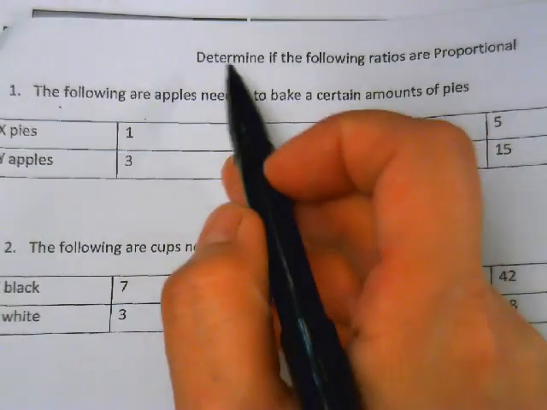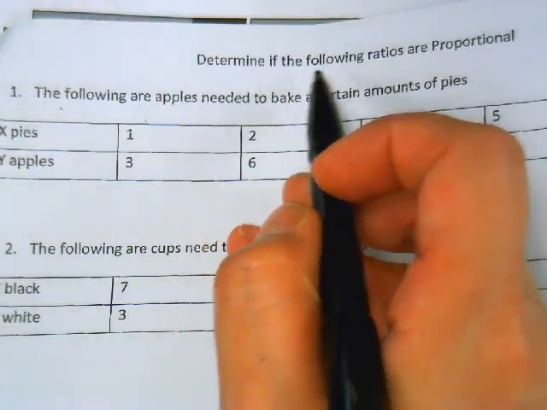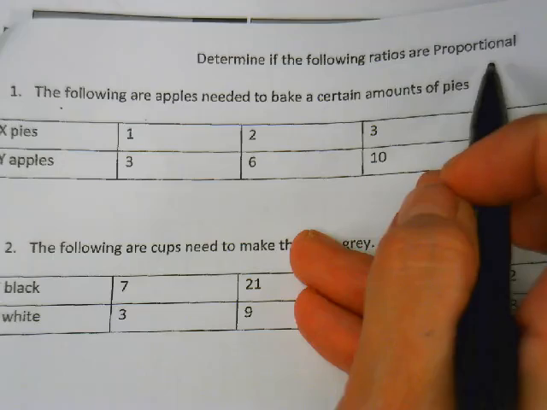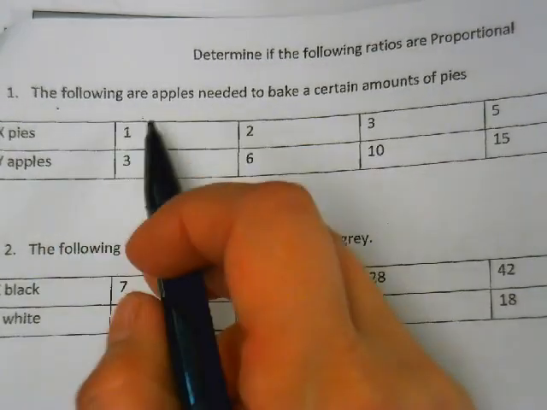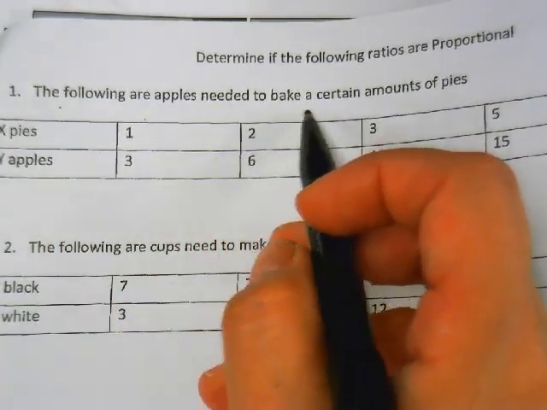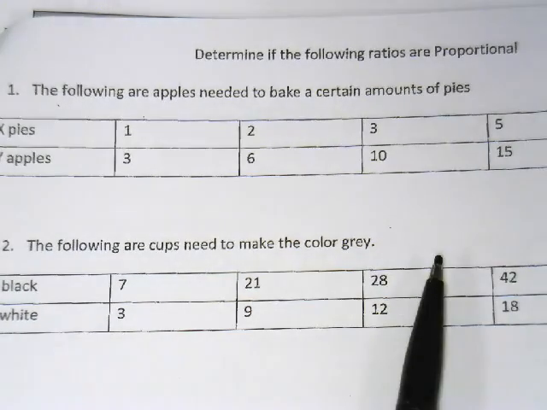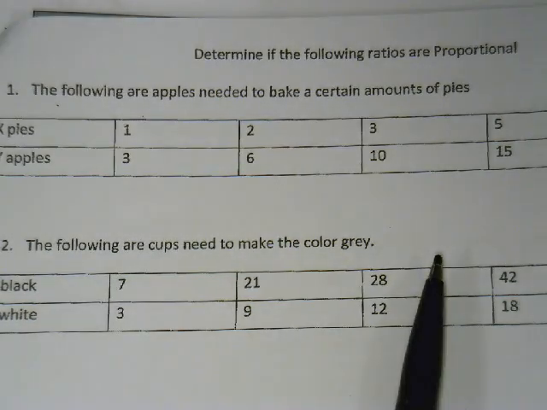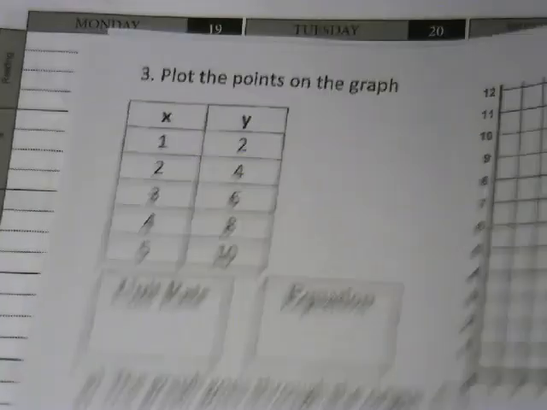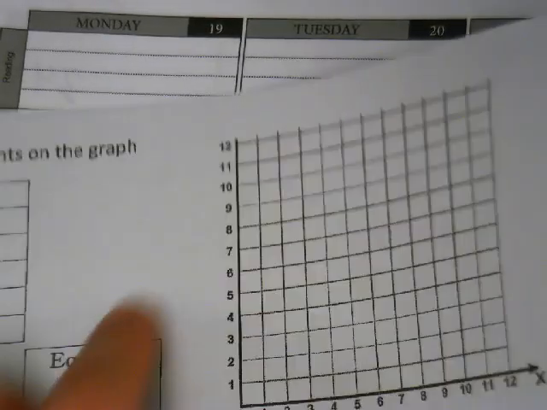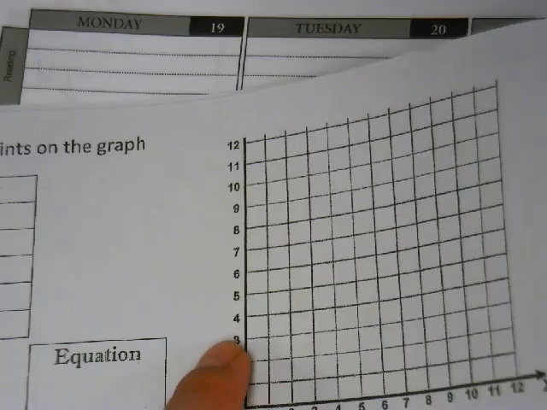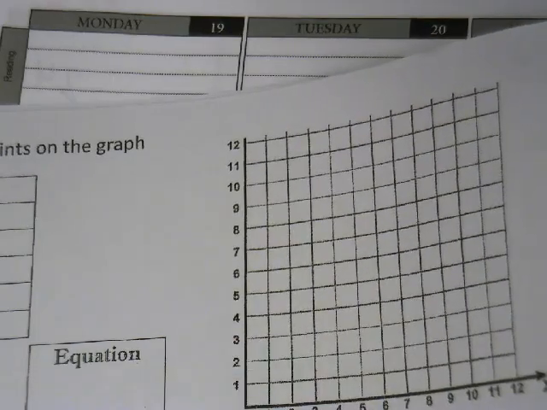Okay. Determine if the following ratios are proportional. The following are apples needed to bake a certain amount of pies. Now, I do not give you a graph. So it's not take these ordered pairs and graph it and see if it's a straight line, see if it goes through 0, 0.